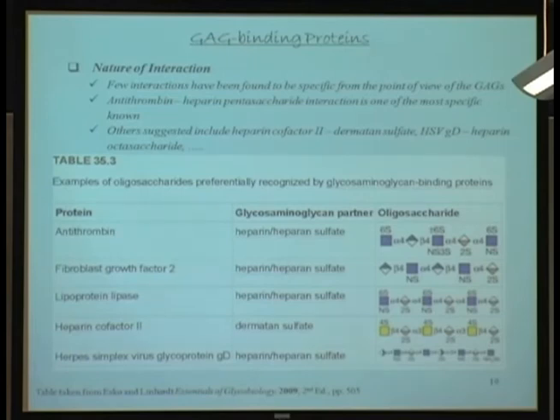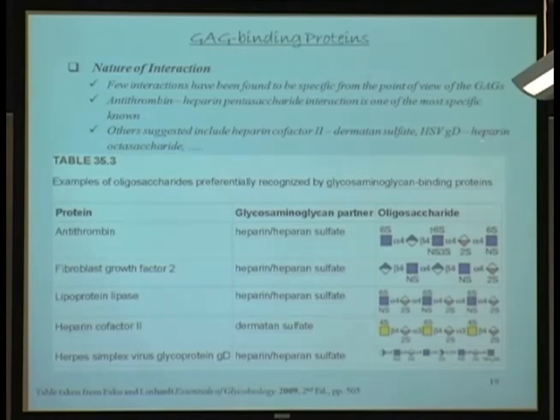Okay, so the nature of interaction, as I have said multiple times, few interactions have been found to be specific. The one that is considered a prototypic specific interaction is the antithrombin heparin pentasaccharide interaction. Other interactions include heparin cofactor 2 with dermatan sulfate, and HSV glycoprotein D with heparin octasaccharide.